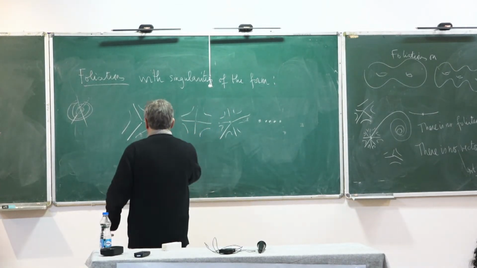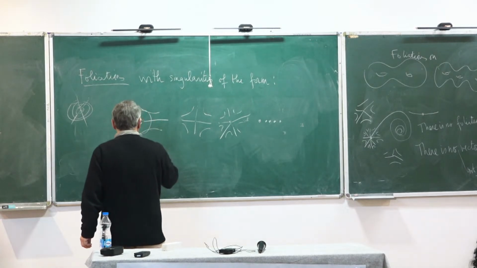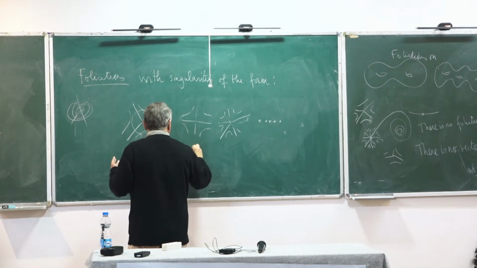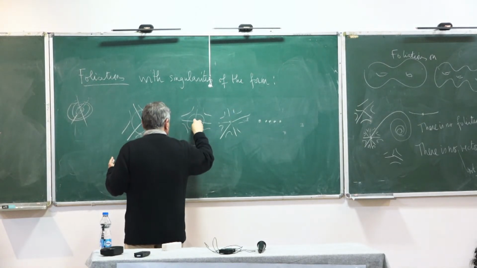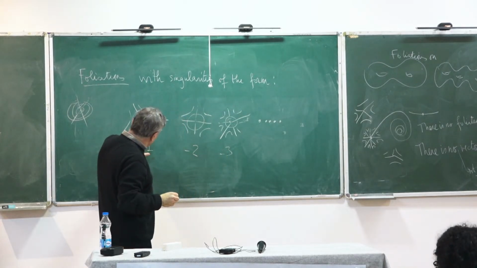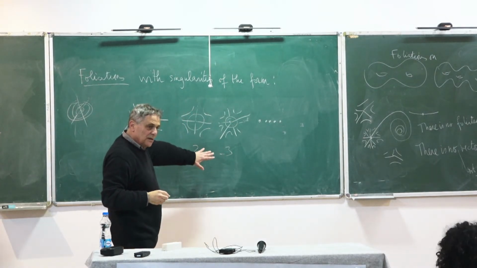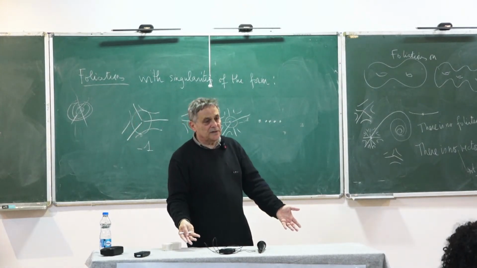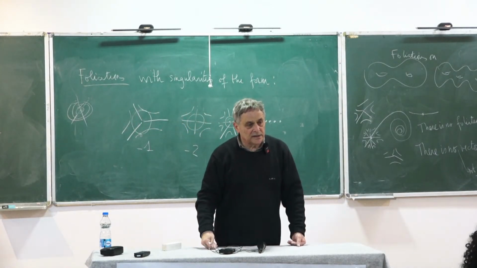There's a number associated to this. Say this is -1, this is -2 because I have 4 prongs, -3. I'm not saying that these are the exact numbers, but it's almost like this. When you add all these numbers, you find the Euler characteristic of the surface. So it cannot be infinite.